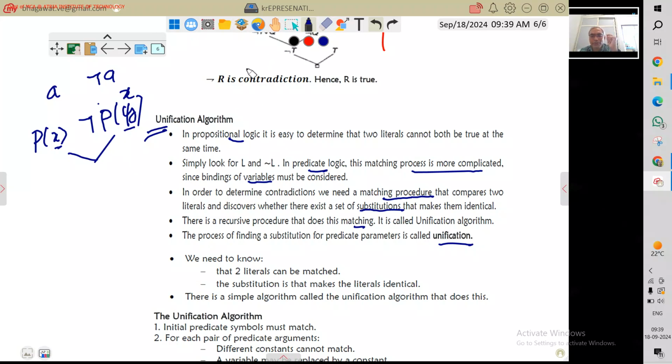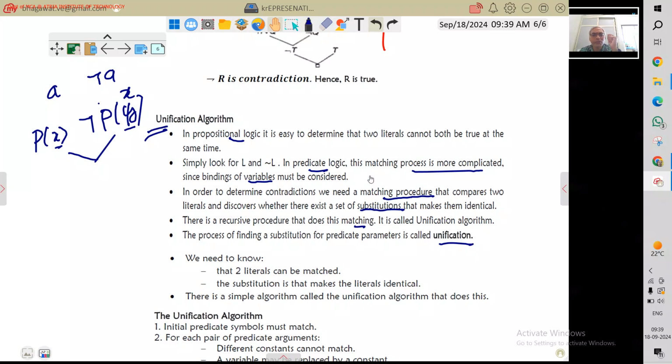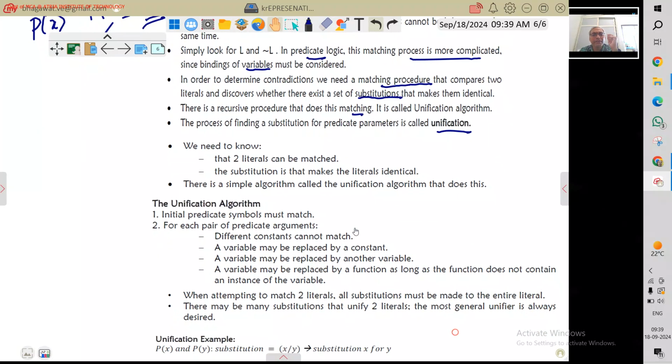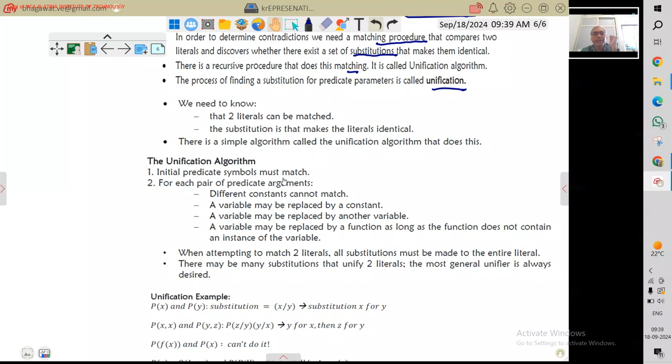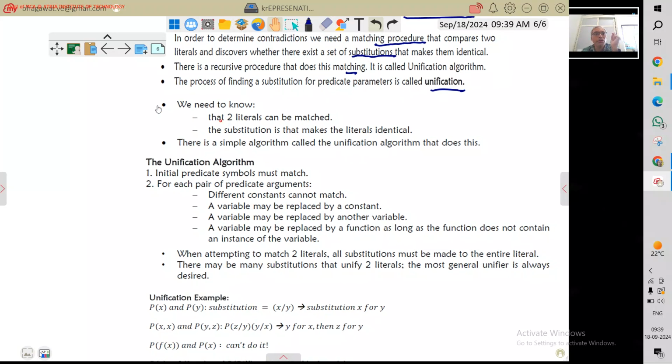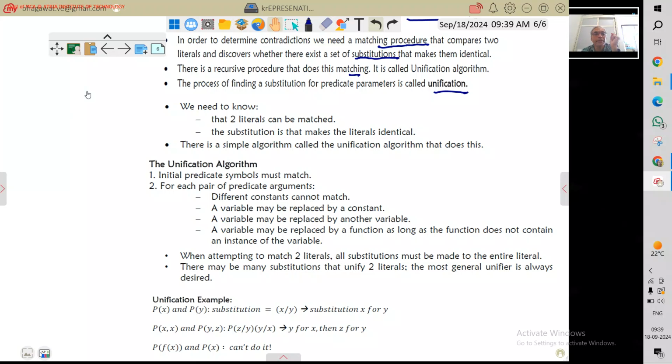Now let us see how we are going to do this process, or what algorithm we have. Initially, the initial predicate symbols must match. That means you have to match the predicate symbols. The first thing you look at is the symbols.